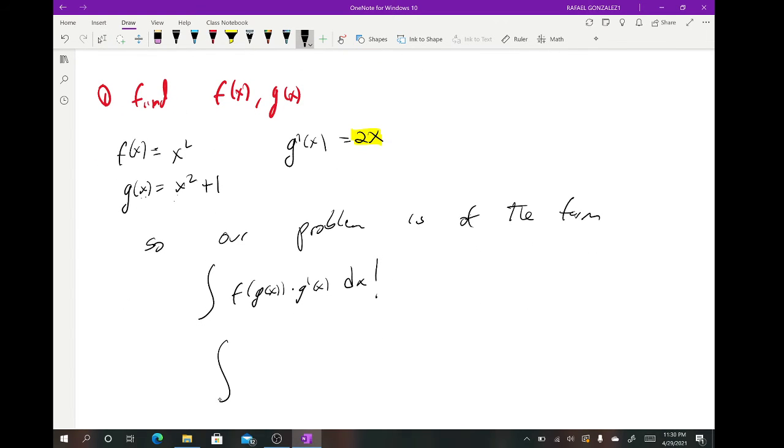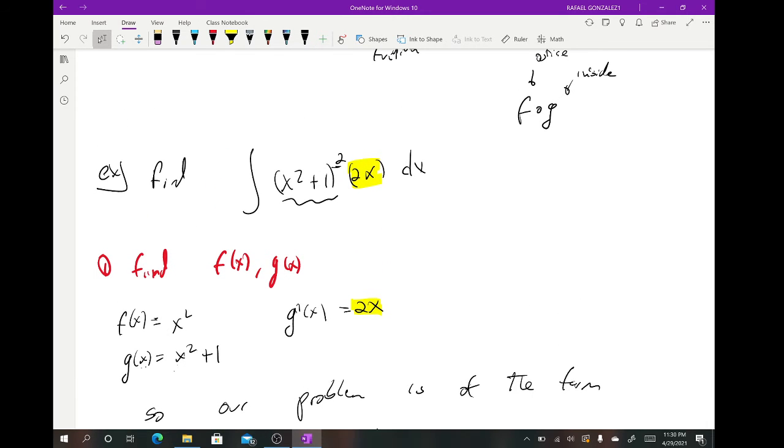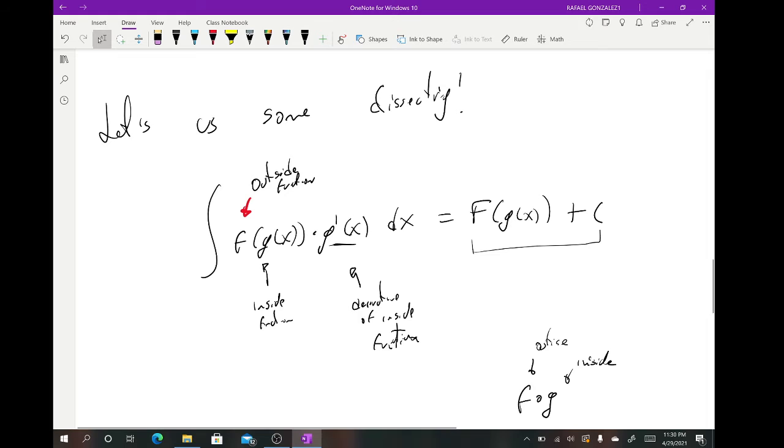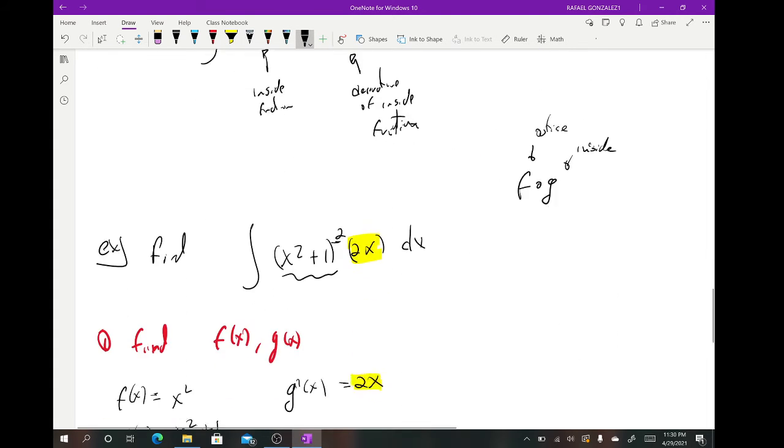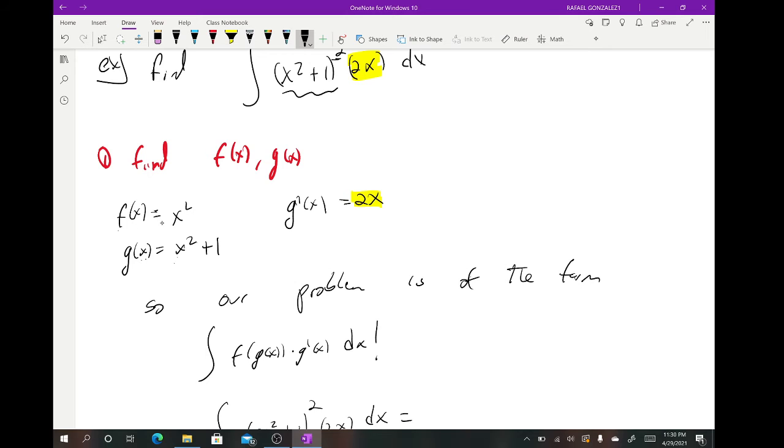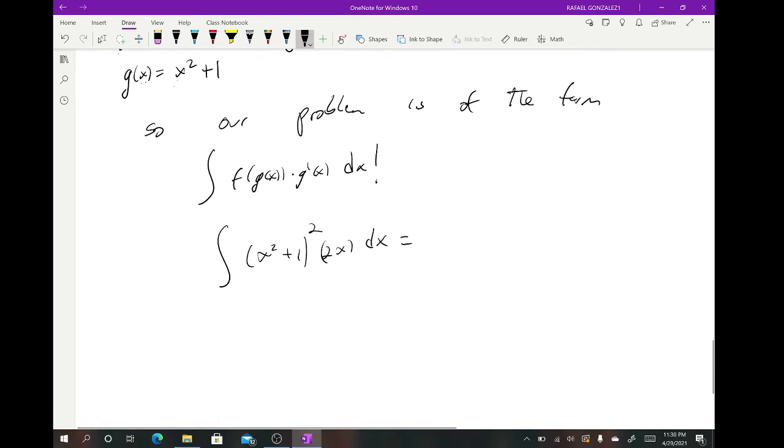The theorem says that if you give the antiderivative, which in this case is (x squared plus 1) squared times 2x dx, then that's going to be equal to the antiderivative of f evaluated at g plus c. What was f? F was x squared. That's what we said.